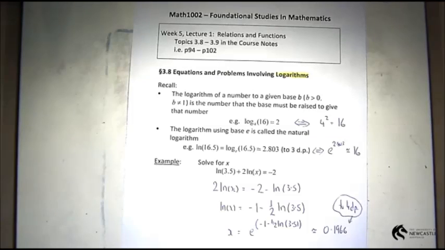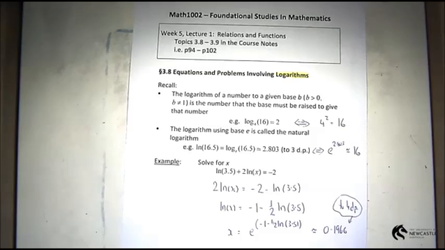Now, I can simplify this a little bit because going back to our algebra days, we remember the square root of a over b is the square root of a over the square root of b. Now the square root of 1 is just 1, so this becomes 1 over the square root of e squared times 3.5. I can make that the square root of e squared times the square root of 3.5, and the square root of e squared is just e, and so I end up with 1 on e times the square root of 3.5.